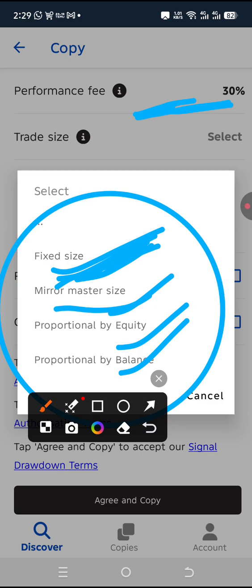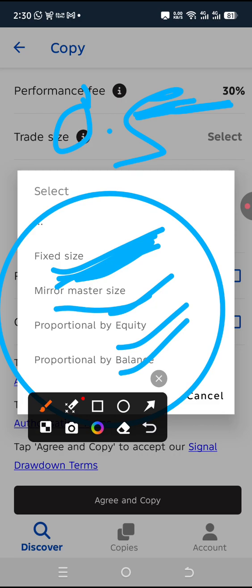Then the mirror master size also. Fixed size simply means you have fixed the lot size, the size of your trade. For example, if you choose 0.5, whatever the master does does not matter, you will be trading 0.5. If you choose 0.1, you'll be trading 0.1 for every trade that comes from that particular trader.